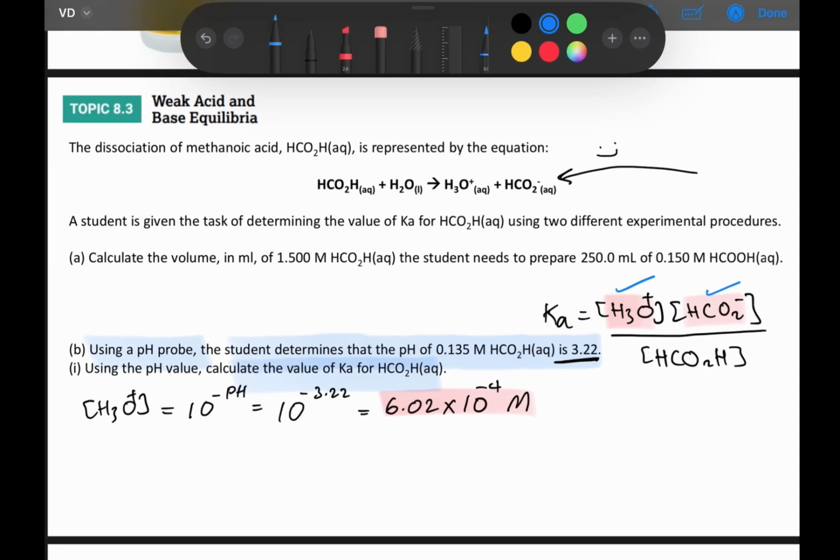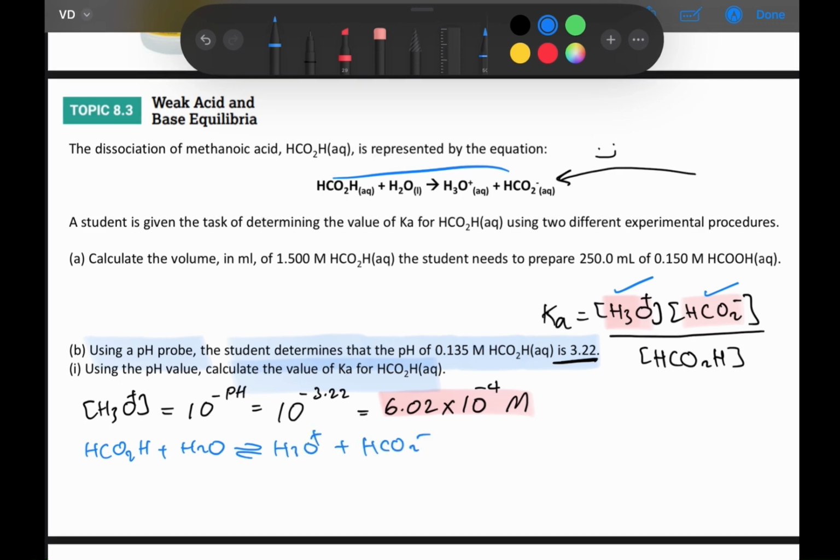Next, we have to apply the RICE table. We can see that we have the acid from the equation above here. I'm just going to rewrite it again: HCO2H plus water, reversible arrows, H3O+ in addition to the conjugate base. The initial molarity of the acid is 0.135 molar. It's given to us; you can see it here.